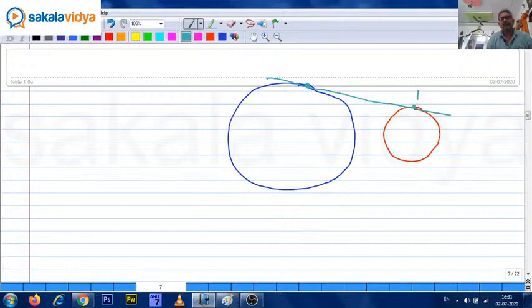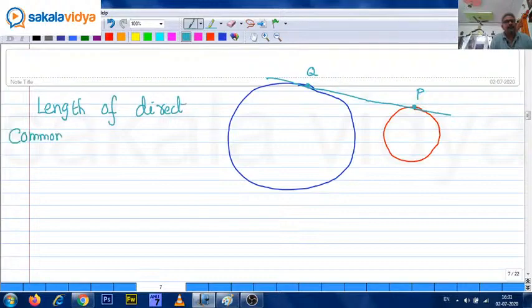Say for example this is P, this point is Q. What is the length of the direct common tangent? What is the formula?